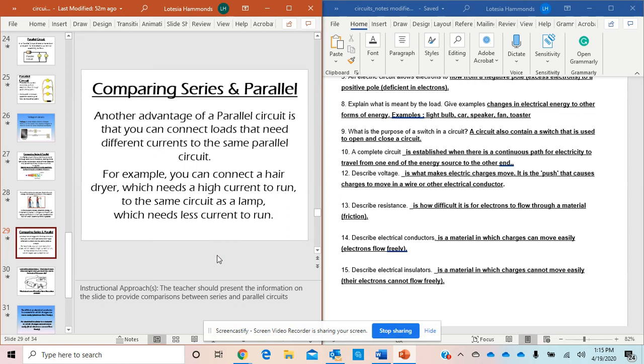Another advantage of parallel circuits is that you can connect loads that need different currents in the same circuit. I didn't add that one, but you can go back and add it. For example, you can connect a hair dryer, which needs a higher current to run, to the same circuit as the lamp, which needs less current to run.